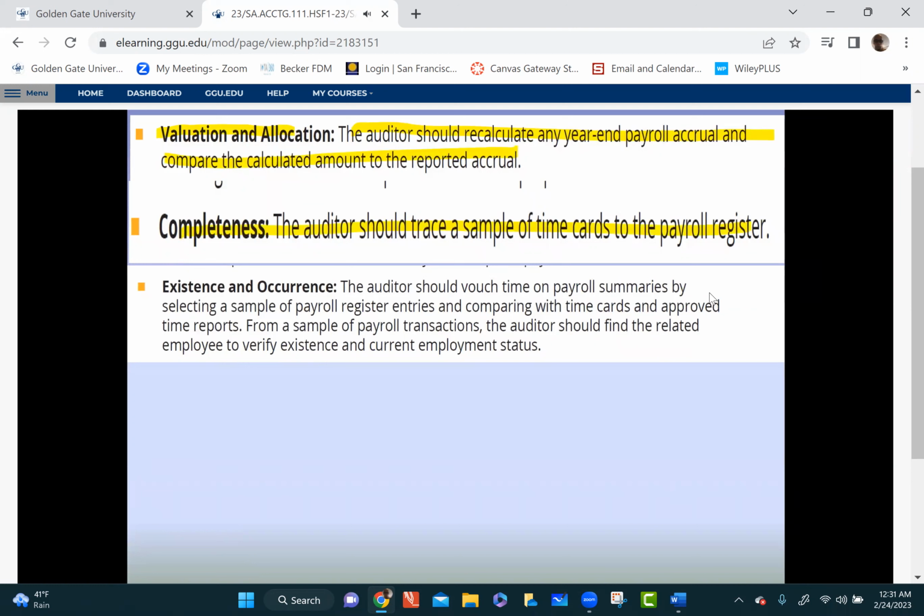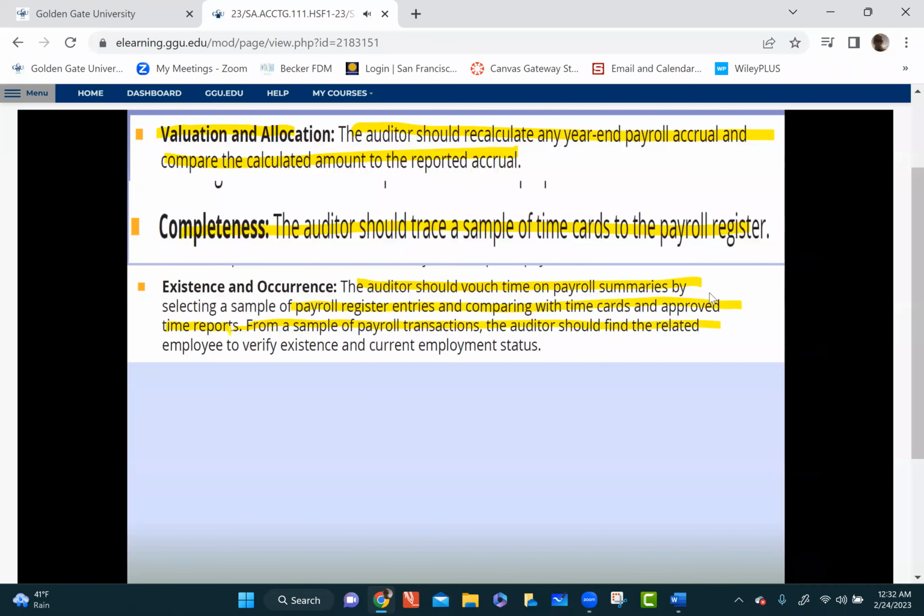You're going to take a sample of time cards and see if that's properly recorded in the payroll register, right? Going from the time cards to the accounting records. Completeness. Existence, you'll go the other way. You'll start with what's recorded in the payroll register. You'll go and find the time cards that line up to that.